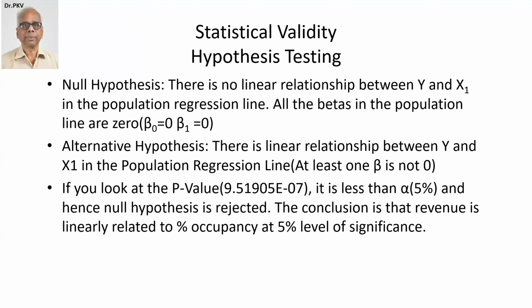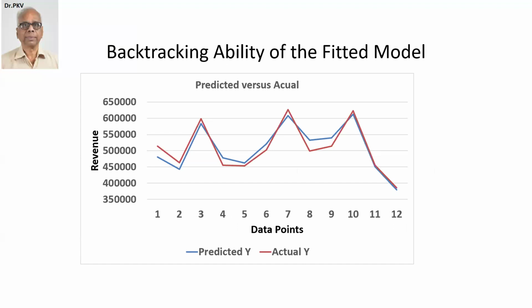There are so many aspects, but the journey in a simple way, what are the key things or items that you should look at in the regression we have covered in this series of videos. And the last one is the backtracking ability of the fitted model.